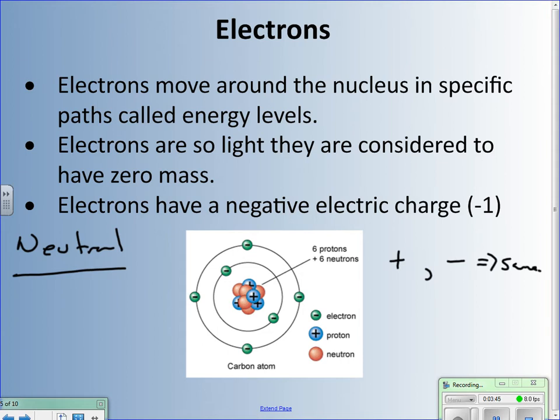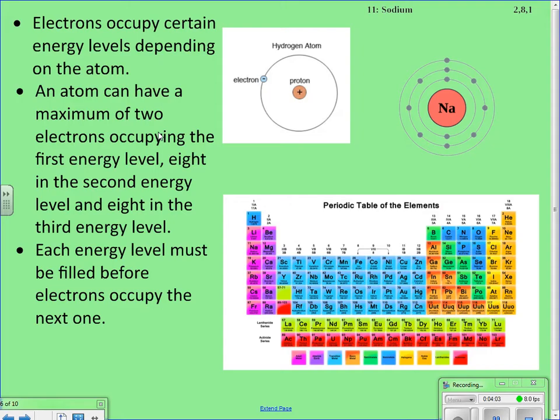Which means that if I have 6 protons within a carbon atom, then I also have to have 6 electrons in that carbon atom in order for it to be neutral. Now, not all atoms are neutral, but we'll get into those when we talk about ions.